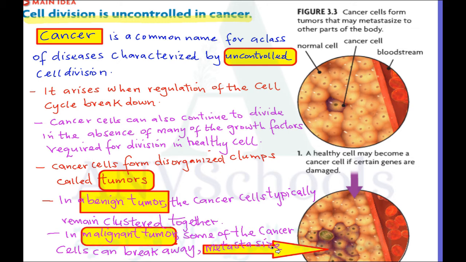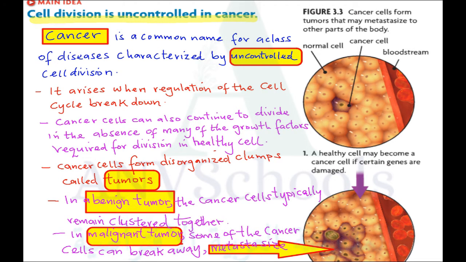So let's look at this in the diagram that we have here. In figure 3.3, the cancer cells form tumors that may metastasize to other parts of the body. So these are normal cells. This is just a single cancer cell starting here.